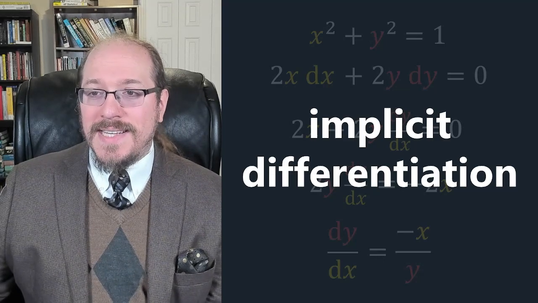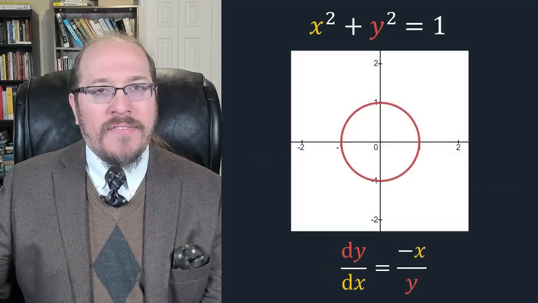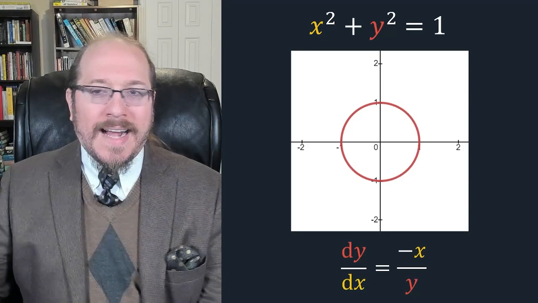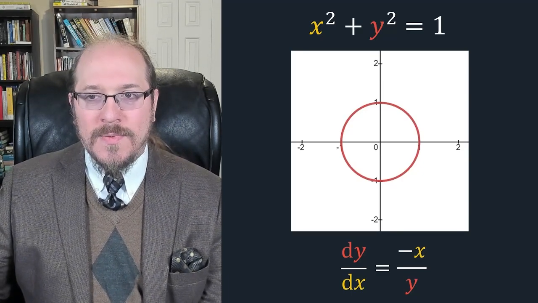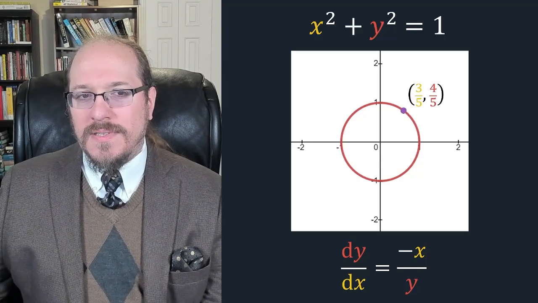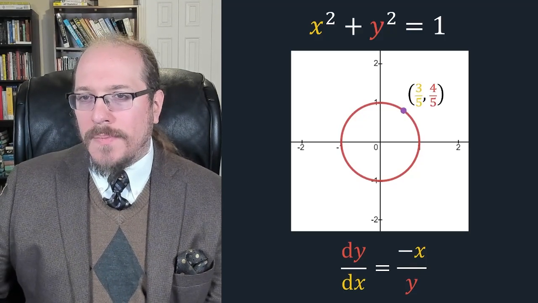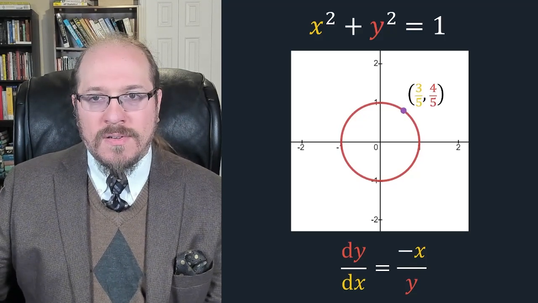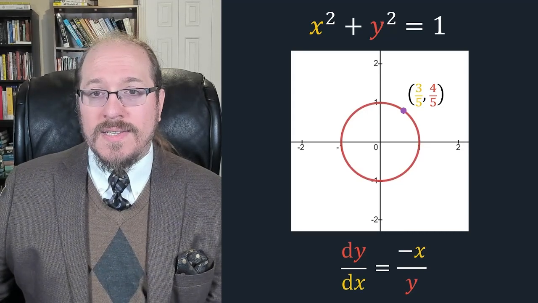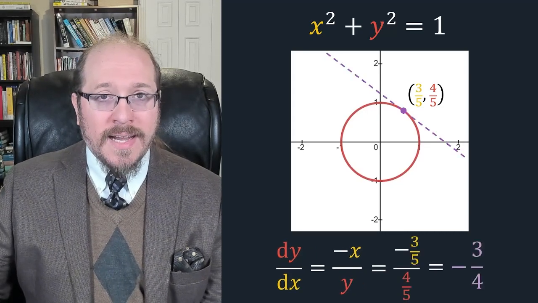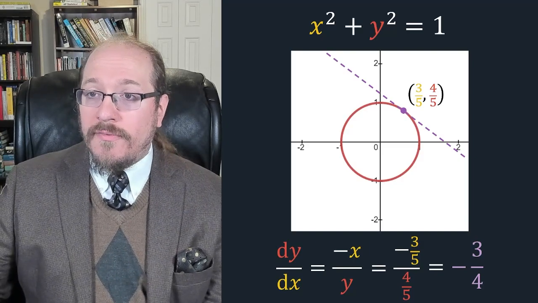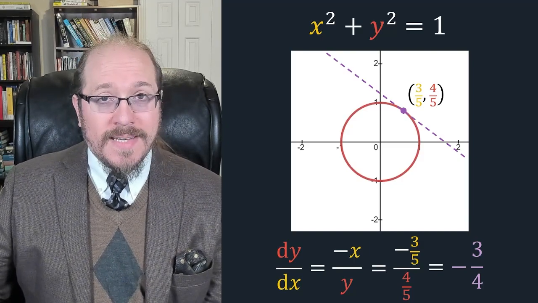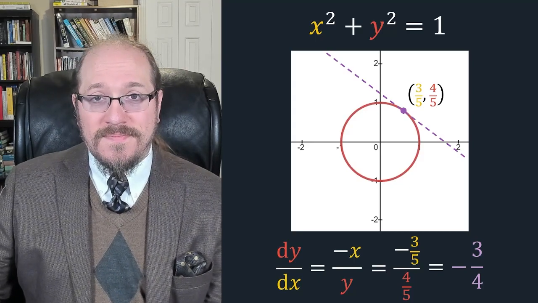Here, the catch is that since y may not be a function of x, you actually need to know both the x and the y coordinate to find the slope. So for example, since the point 3/5, 4/5 lies on our circle, our derivative formula tells us that the slope of the tangent line at that point is negative 3/5 over 4/5, which simplifies to negative 3/4.